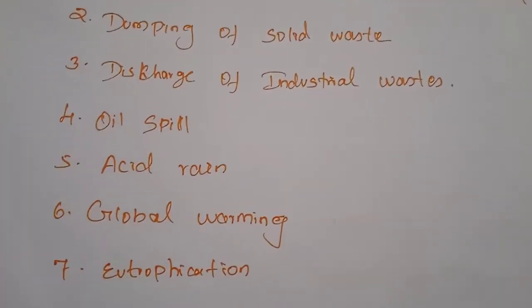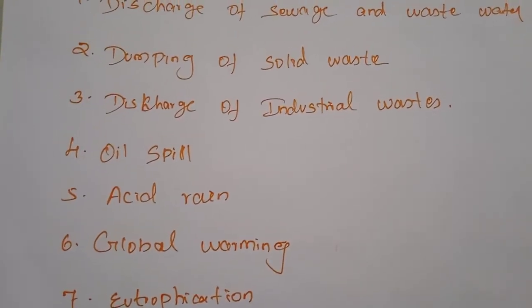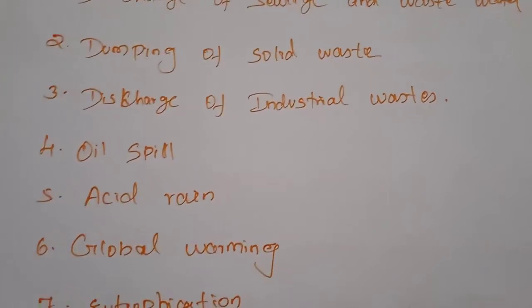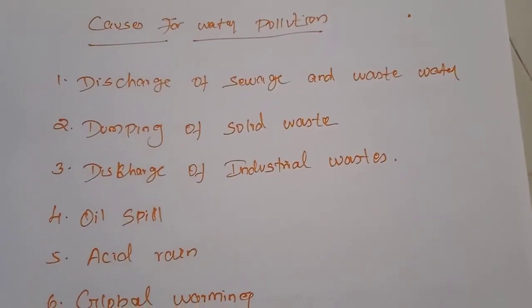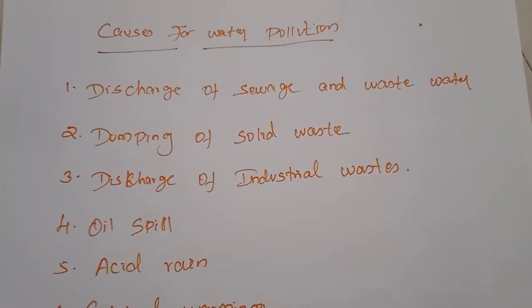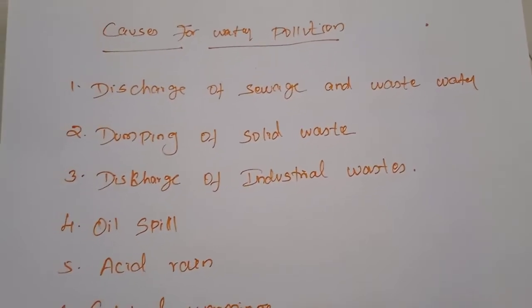Next, the dumping of solid waste. The dumping of solid waste and litter in water bodies causes huge problems. Many industries, and even our panchayats and municipalities, dump solid waste nearby the river or on the river.